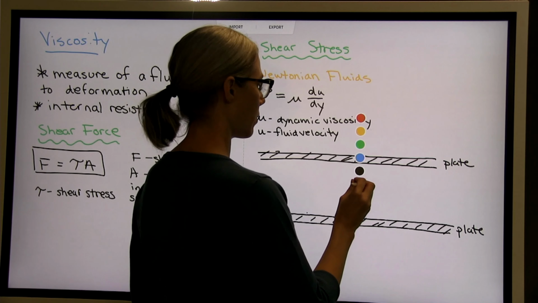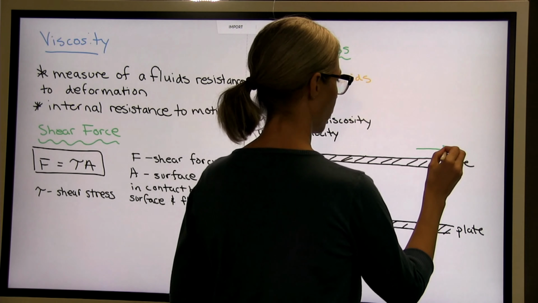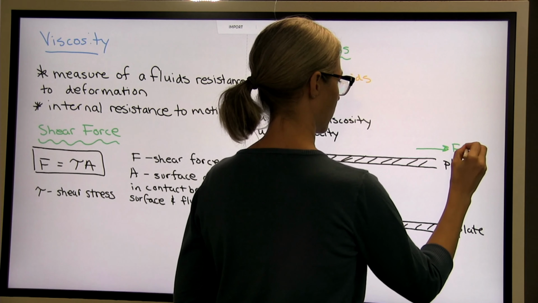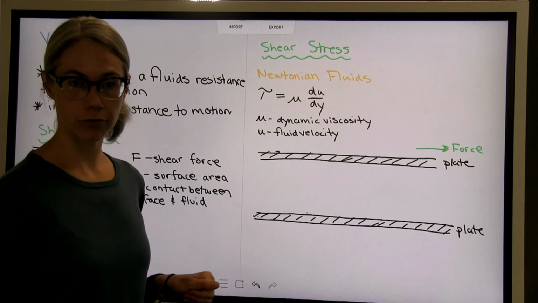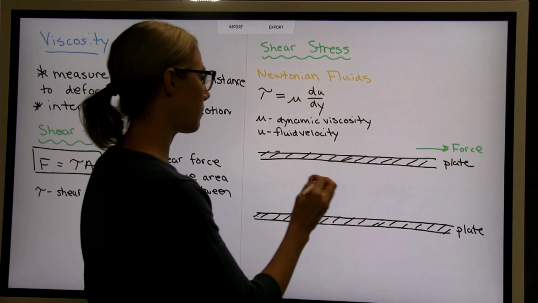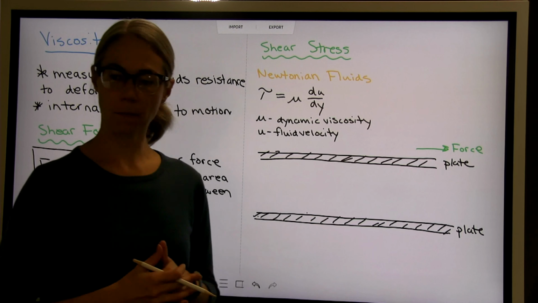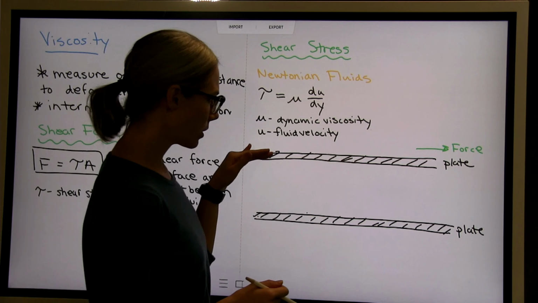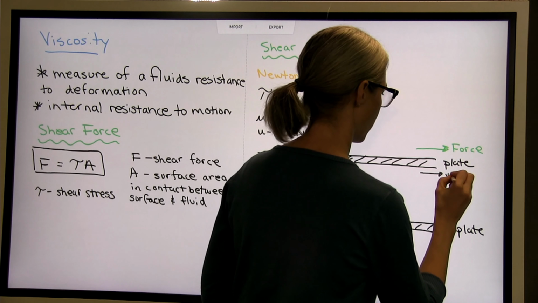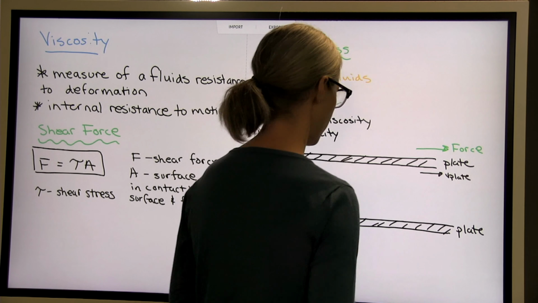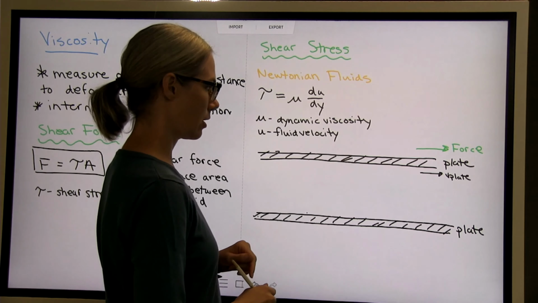Now let's say we apply a force to this top plate, that plate's going to move, and it's going to move with some velocity, right? We'll just call that the velocity of the plate. And we have this bottom plate that is stationary.